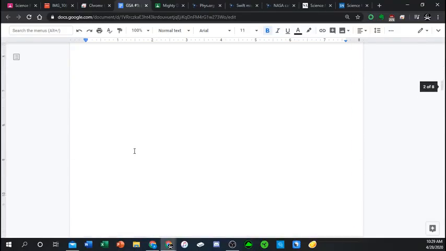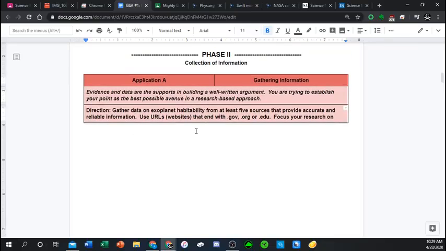I didn't think it went on to the next page, but keep in mind it goes down. Direction, you are gathering data on exoplanet habitability from at least 5 different sources that provide accurate and reliable information. So again, what are those sources? URLs, websites, the link at the top of a page that end with .gov, .org, or .edu.